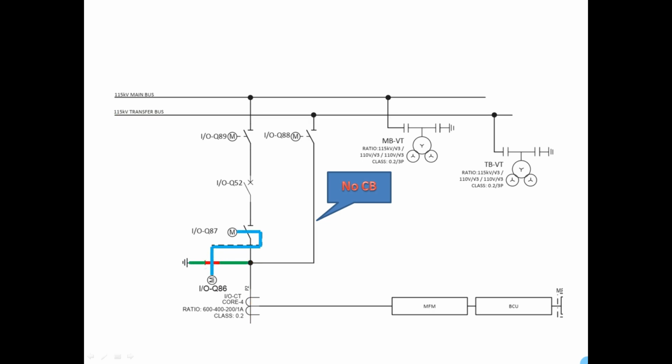When you switch on the earth switch, you cannot operate Q87, but you can operate Q88, so there is no mechanical interlock for Q88. So we have to assign an electrical interlock to Q88. That will be in the logic sheet, but we also have to see these basic things.